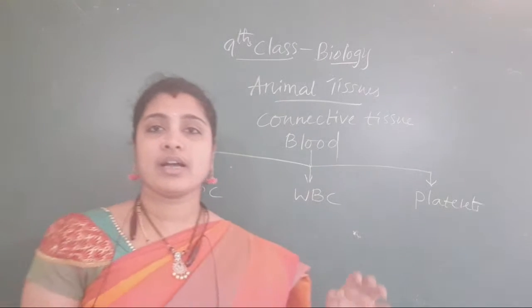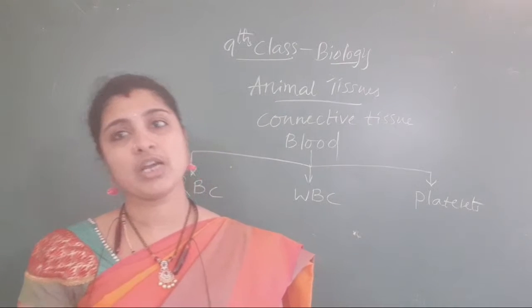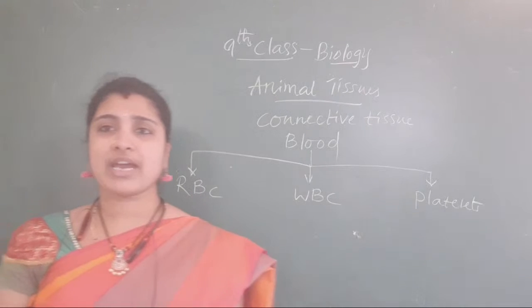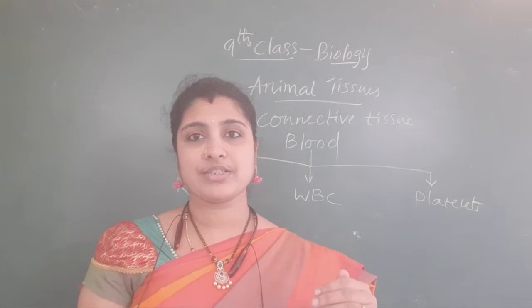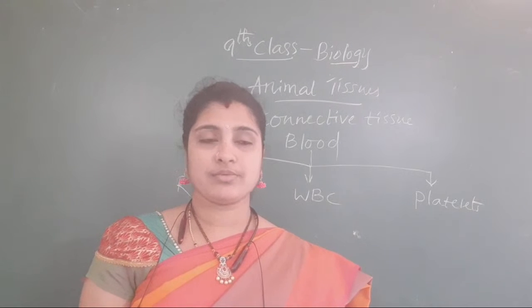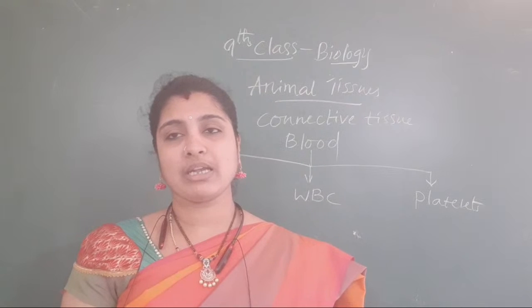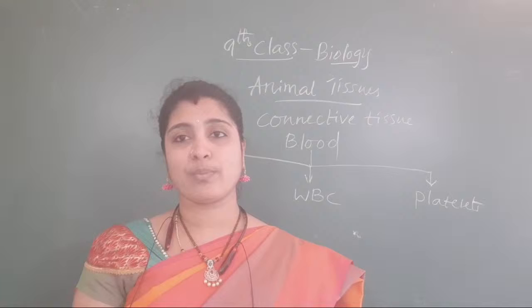Next one is agranulocytes. They are of 2 types, lymphocytes and monocytes. Lymphocytes fight against microorganisms. As soon as a microorganism enters the body, the lymphocytes will fight against the foreign material. That is why they are known as microscopic policemen.